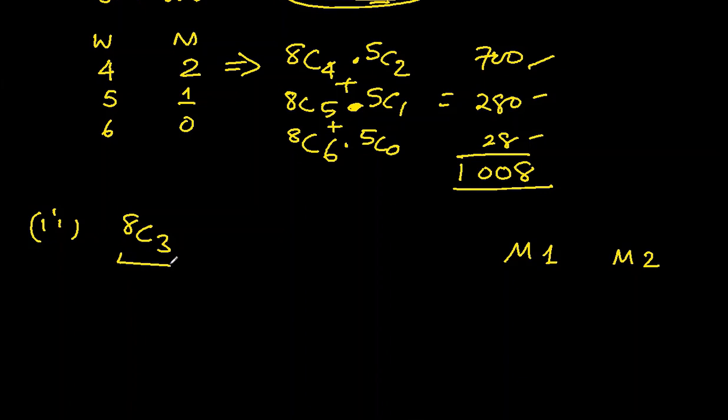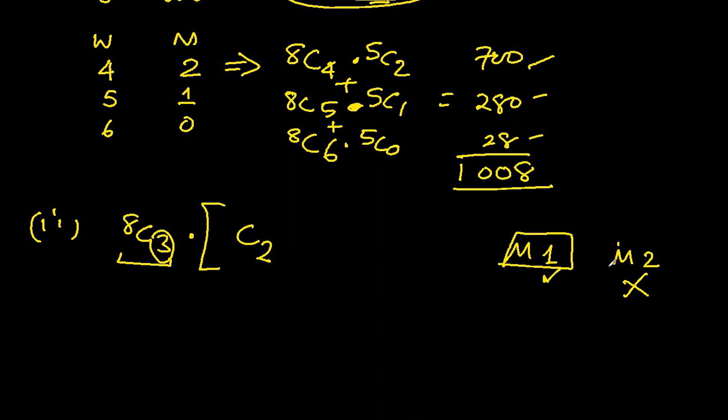So 3 women are selected, multiplied by, now they are fixed, only the difference will be with the men. First, man 1 is in the committee, which means man 2 is not in the committee. Now 3 women are already selected and this man is already there, so we have to select 2 out of how many people?